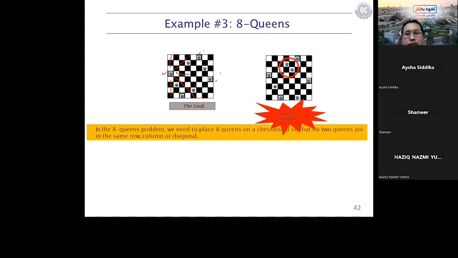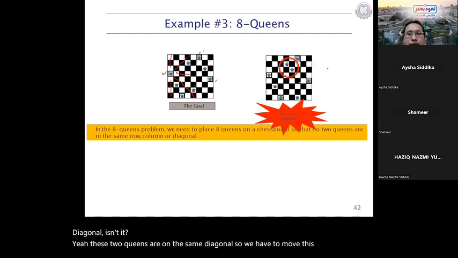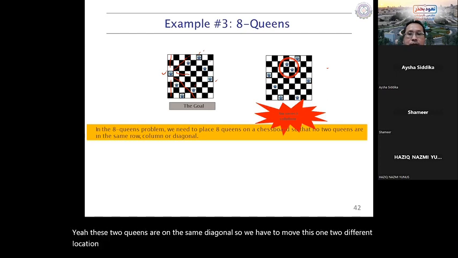So this is an incorrect solution. Why is this incorrect? Because of these 2 queens. These 2 queens are on the same diagonal, isn't it? So we have to move this one to a different location in order to avoid this kind of situation, right?